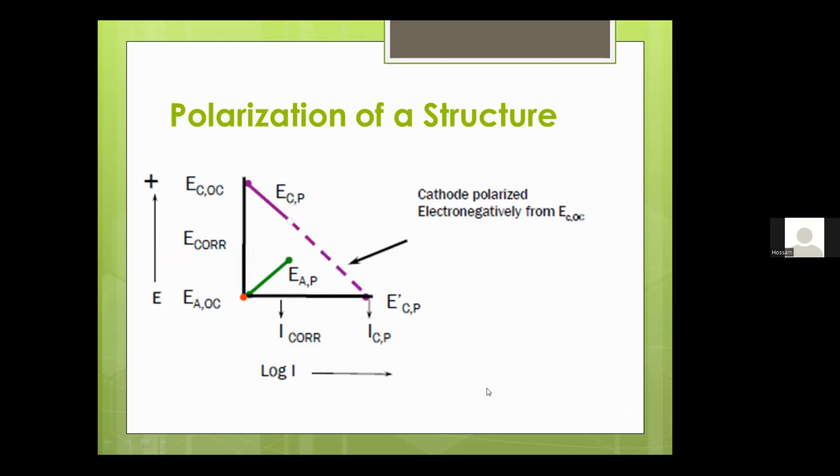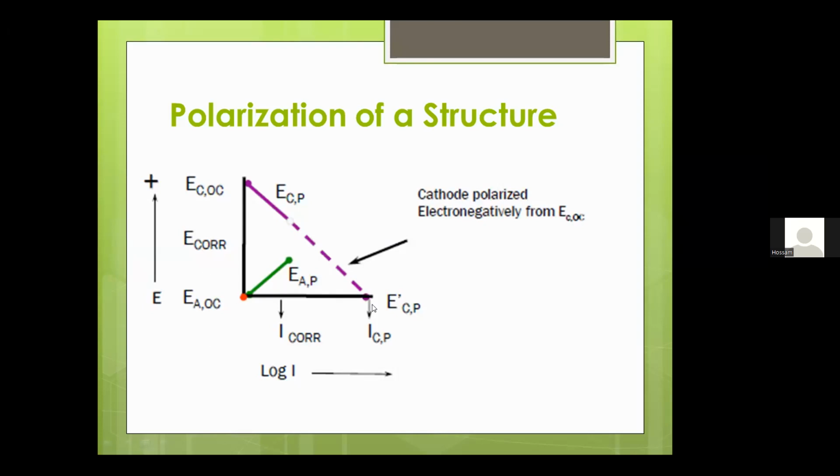We can see the polarization of a structure on an Evans diagram. Here, the cathode open circuit potential reaches the polarized potential of the cathode. Cathodic protection will extend the polarization and increase the polarization of the cathode to reach the open circuit potential of the anode.